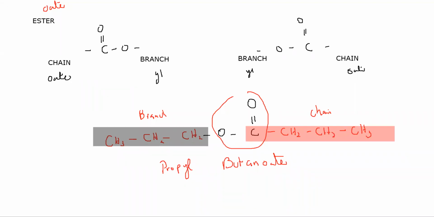Another hydrocarbon, or a functional group basically, which you will study, is the halogen alkane. Halogen alkane means that in an alkane, one hydrogen, or two or more hydrogens, are replaced by halogens such as fluorine, chlorine, bromine and iodine.